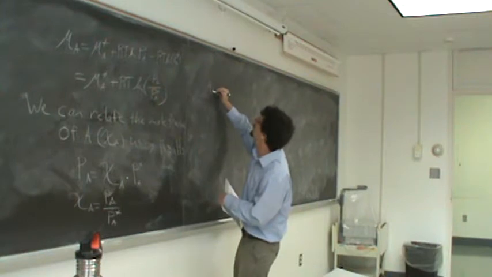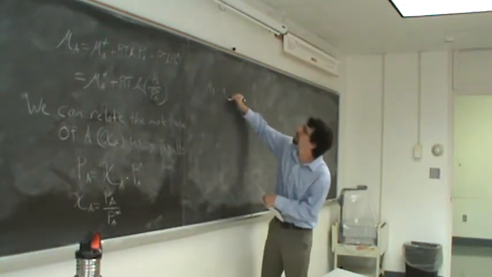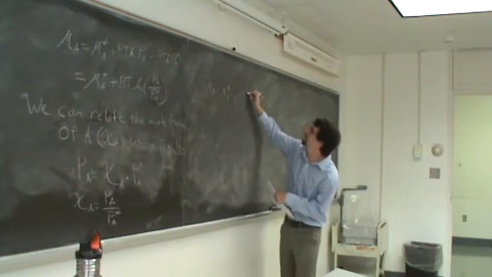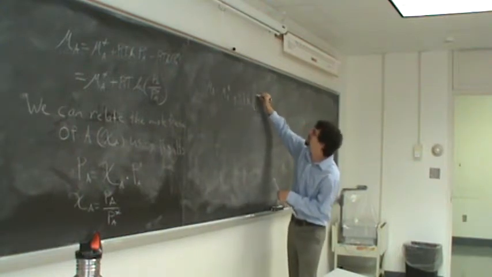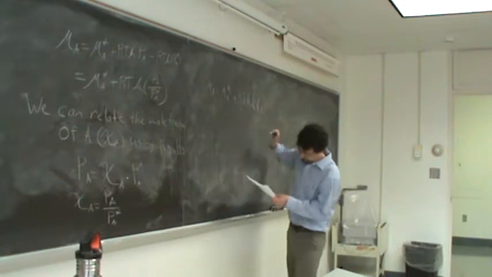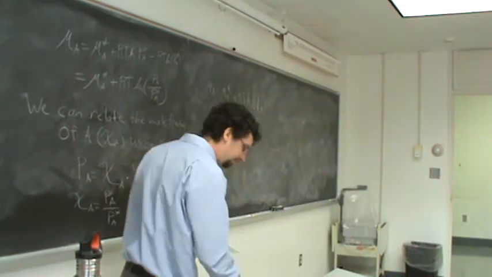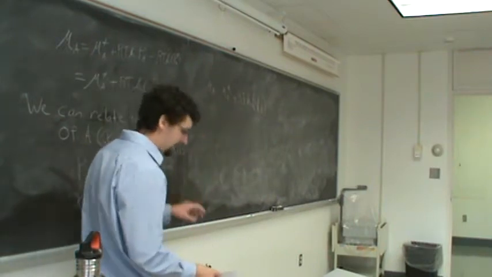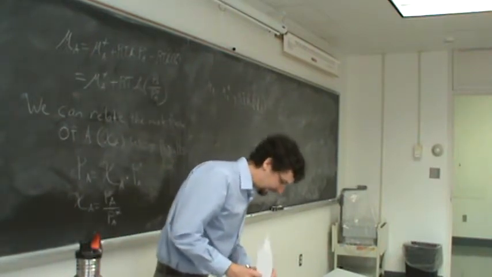Yeah, so then mu A is equal to mu A star plus RT ln of what? Your mole fraction. Yeah, mole fraction, which is awesome because we're out of pressures. We're now talking about mole fractions.